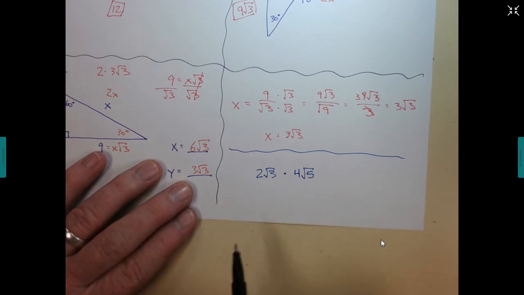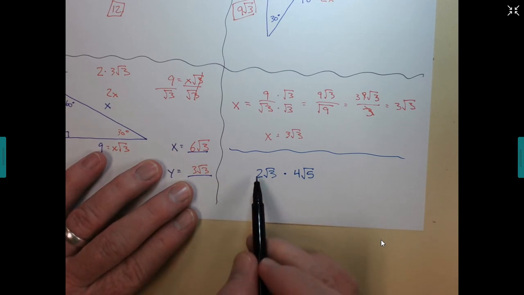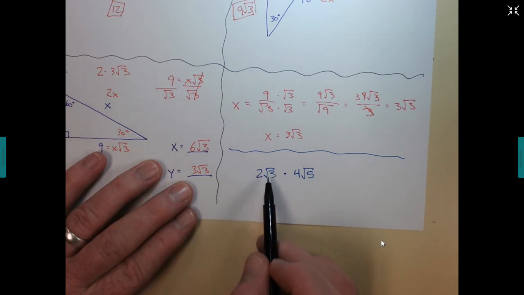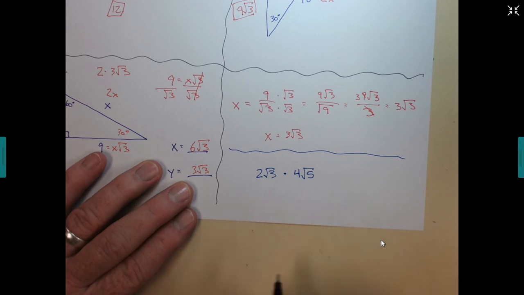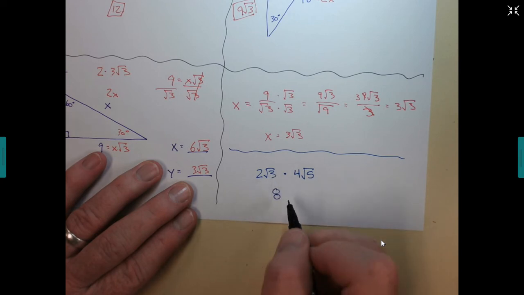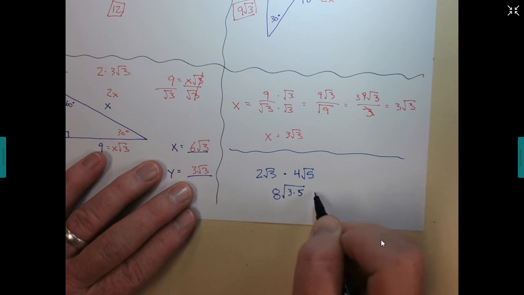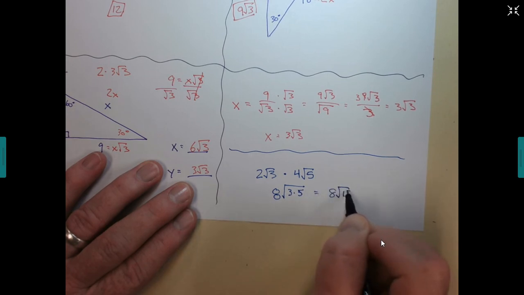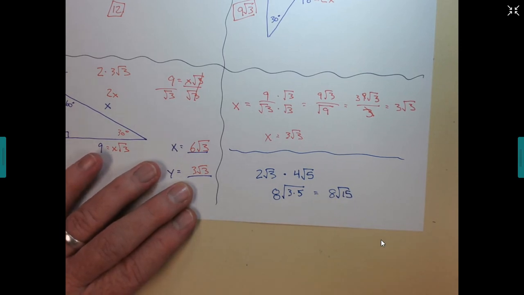You're allowed to multiply the oranges and the apples. All right, I can't put this 2 inside this radical, but I can multiply 2 times 4, which would be 8. All right, and the square root of 3 times the square root of 5 is the same thing as the square root of 3 times 5, which is 8 square root of 15. So be careful.